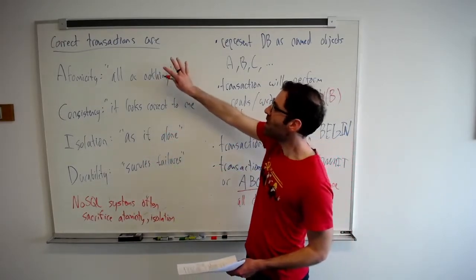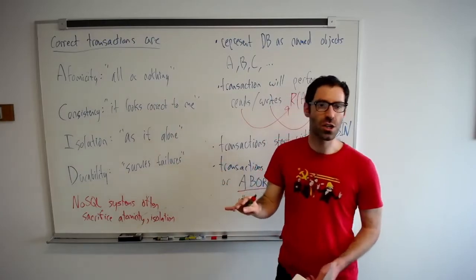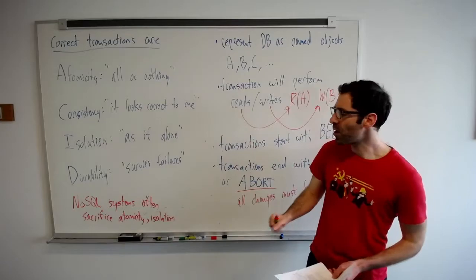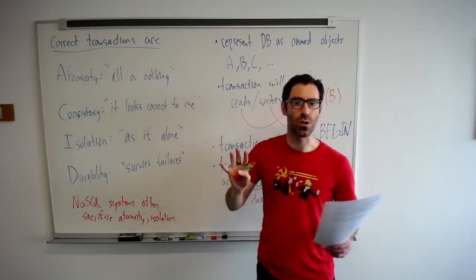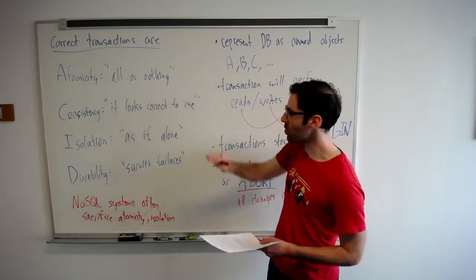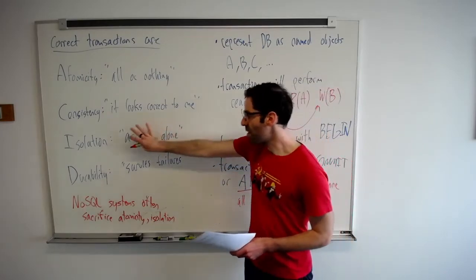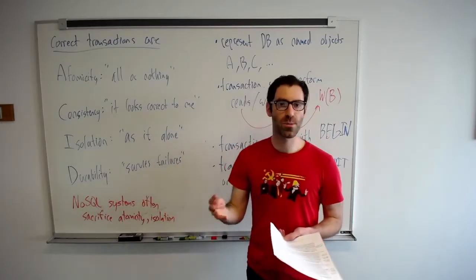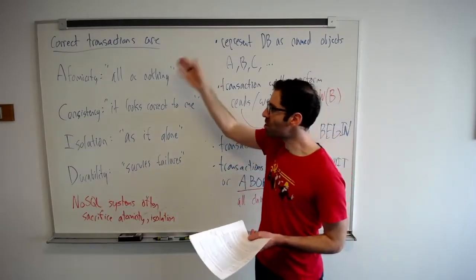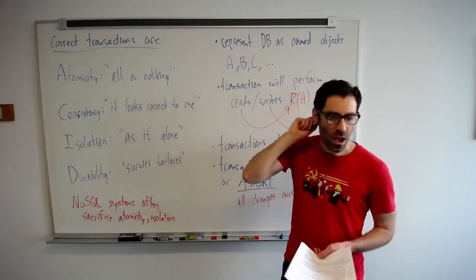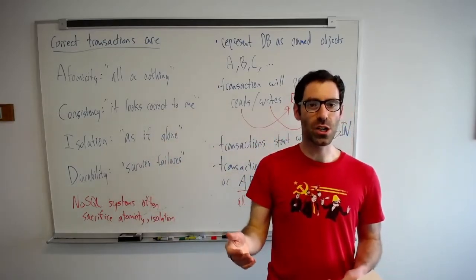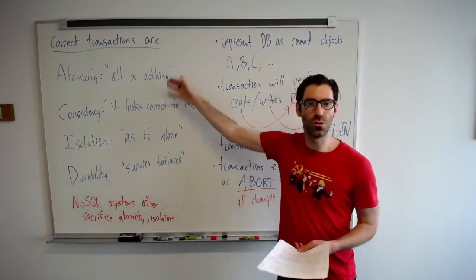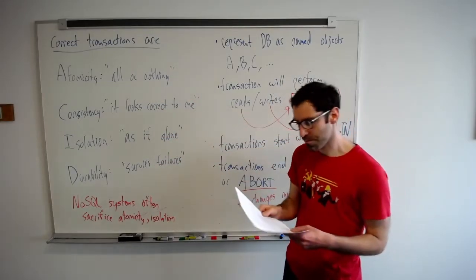They tended to sacrifice atomicity and isolation because it made the implementation simpler, it made performance better, but these guarantees were not present. You could have partial transactions. You might have transactions that interfered with each other. And so it's a trade-off in terms of how strong, how robust you want these guarantees to be versus complexity of implementation and performance, because it does take some additional work to ensure these properties.